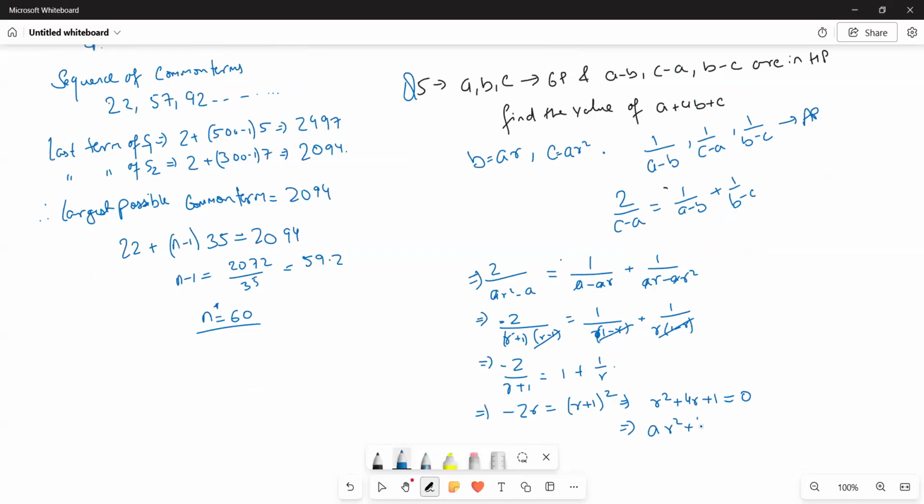So AR square plus 4AR plus A is equal to 0. But AR square is C and AR is equal to B. Therefore, we get C plus 4B plus A is equal to 0.